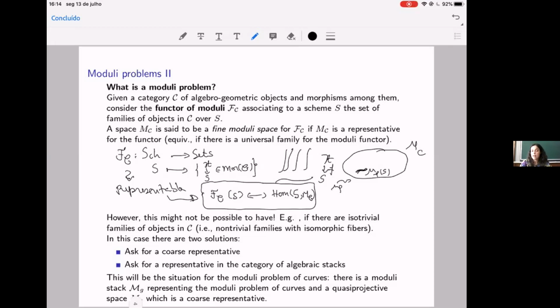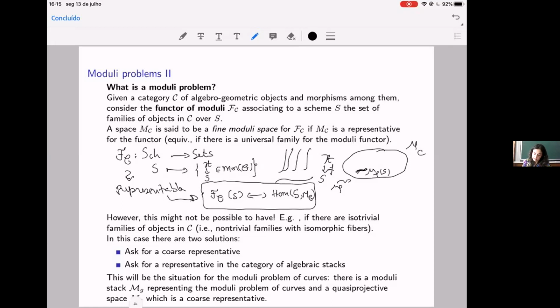But however, as probably you know, this is not possible most of the time. And this is easy to see if you think that there may be isotrivial families of objects in your category. Meaning that you might have families which are non-trivial as a family, as a morphism, meaning that they are not of the form base times a fiber, but all of them could still have isomorphic fibers.